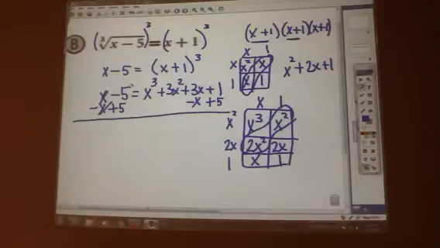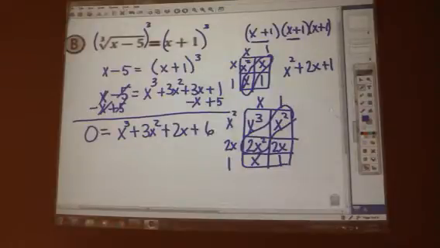So everything on the left will cancel, which will give me 0 equals x cubed plus 3x squared. 3x minus x is 2x, and 1 plus 5 is 6.